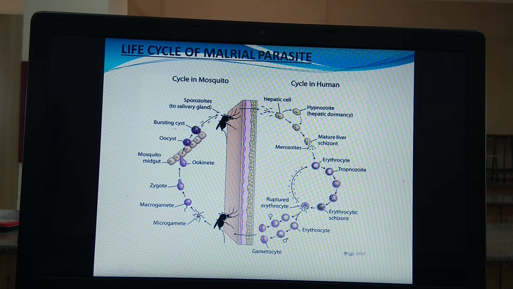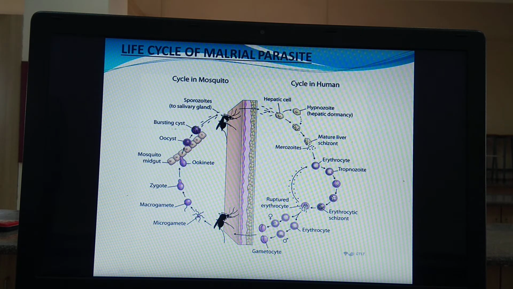This micro and macrogamete fuse together, resulting in the formation of a zygote. The zygote gets converted into an ookinete. The ookinete gets attached to the wall of the mucosa of the intestine. It again enters into the intestinal mucosa, becomes an oocyst, and this oocyst bursts open and gives rise to sporozoites, which are present in the salivary gland of this mosquito.